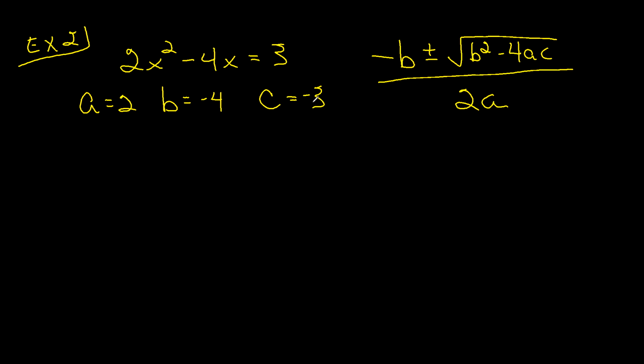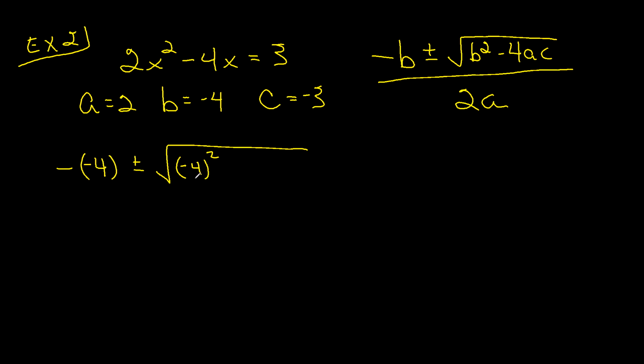Okay, just to be sure, you want it in that standard form of ax squared plus bx plus c equals 0. All right, so we caught that. Okay, and now we can plug in our values. So notice I've got negative b, so negative b is going to be negative 4. And that will be plus or minus the square root of b squared, and b is negative 4, so negative 4 squared, and this number will always be positive, by the way.